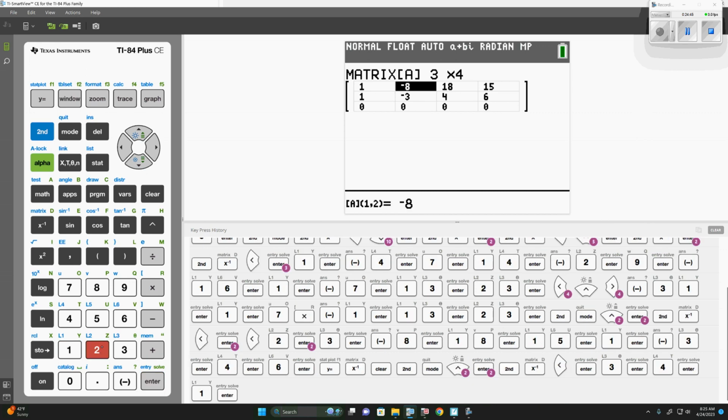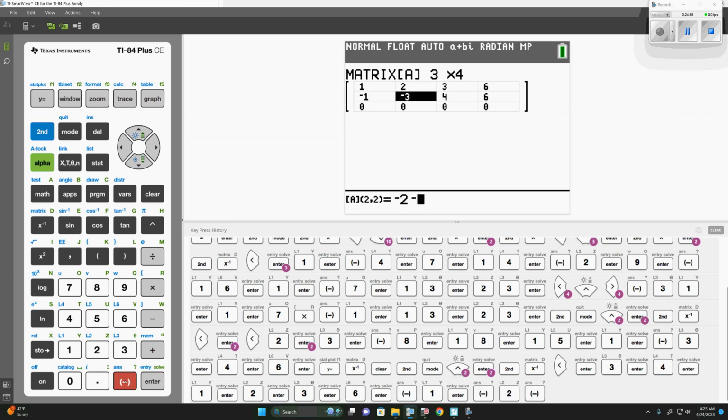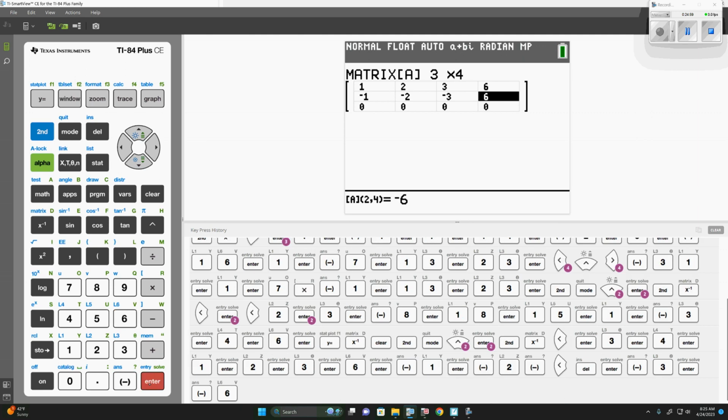We get 1, 2, 3, 6, negative 1, negative 2, negative 2, negative 3, negative 6. 2, 4, 6, 12.